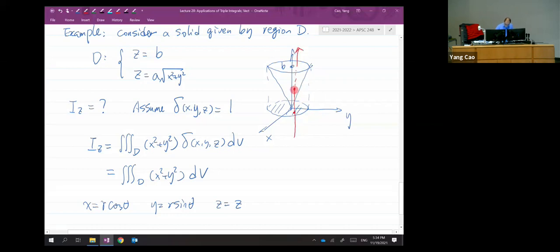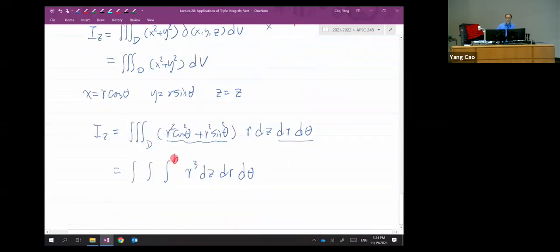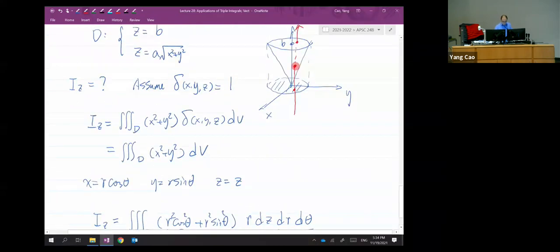The first contact gives you the z min, and the second contact gives you the z max. Let's do the easy one. The z max is always on the top surface, so z max must be b. The z min falls onto the cone surface.